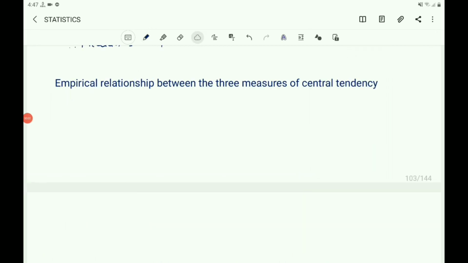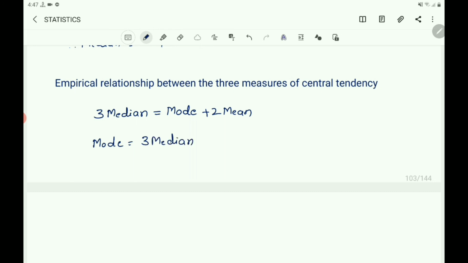There is an empirical relationship between the three measures of central tendency. That relation is 3 median equals mode plus 2 mean, and also you can write mode equals 3 median minus 2 mean.